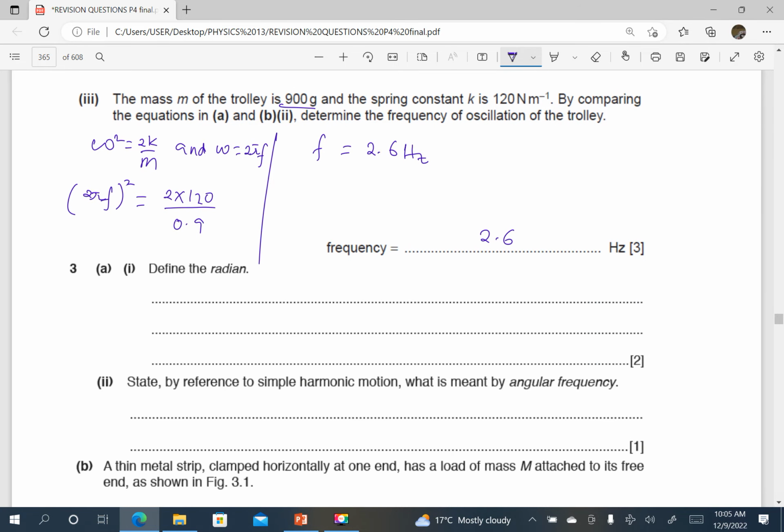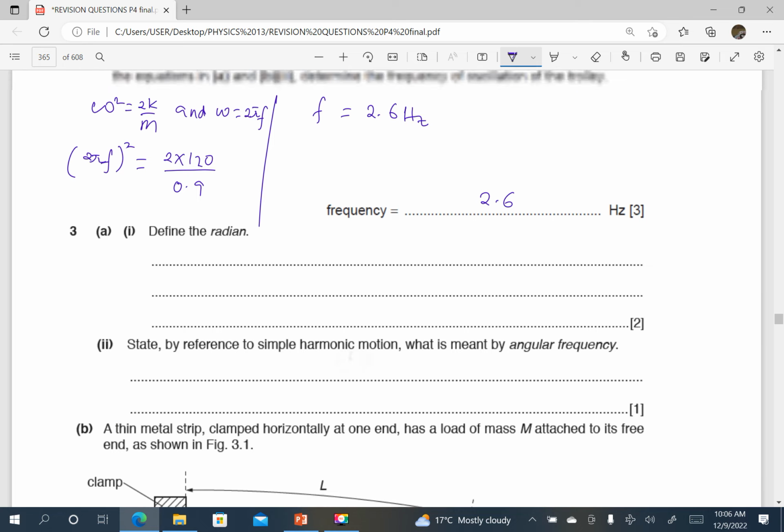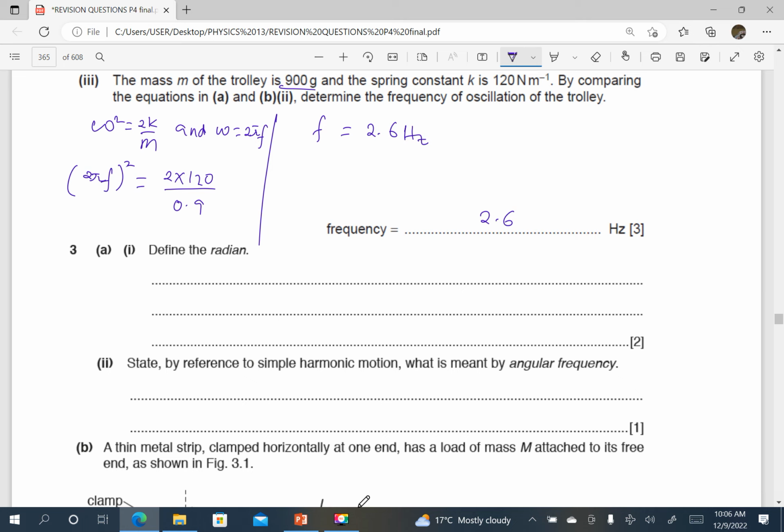Define the radian. You must have seen the radian in circular motion, but because angular velocity here is being given in radians per second, the unit radian can also come here. The radian is the angle subtended at the center of the circle where the arc length is equal to the radius. Remember, the angle delta theta is equal to s over r, the arc length over the radius.